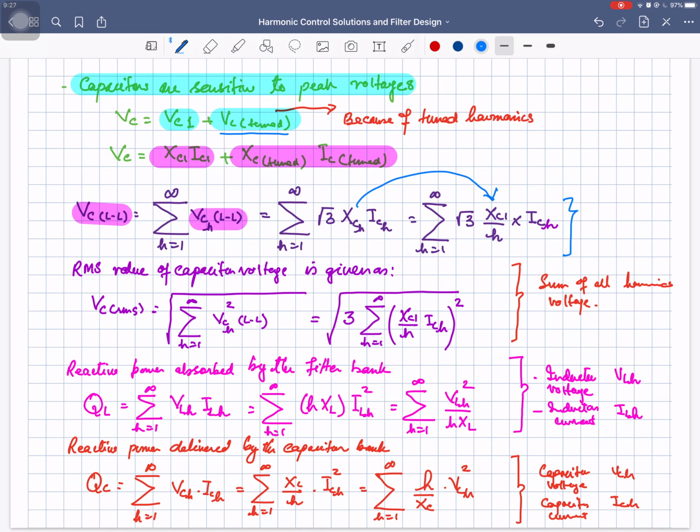The RMS value of the capacitive voltage can be calculated with the help of this equation, that is, taking the square of all harmonic voltages and then summing them together. So if I use this equation, the capacitor RMS voltage can be written like this.